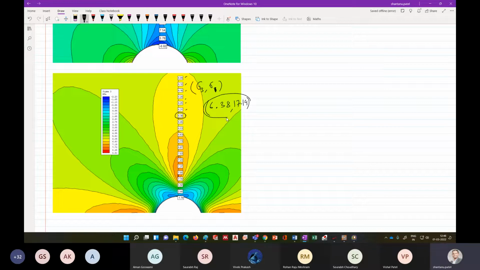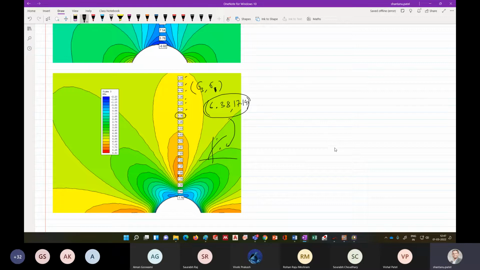If you know your sigma 1 and sigma 3 values, and you could test the rock in the laboratory and get your failure envelope using either Mohr-Coulomb or Hoek-Brown, you can put this point here and see if the point is below or above. If the point is below, you don't have to design anything.